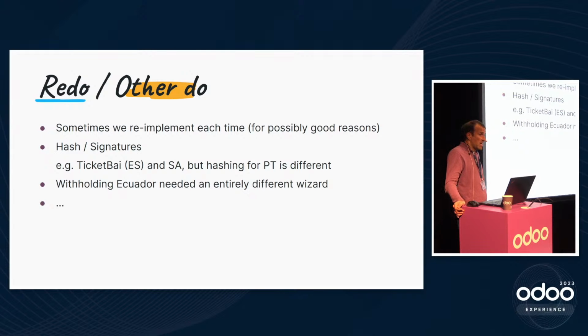We will also need hashing for Portugal, but I don't know what we are doing. We are thinking about using the hash functionality on the journal, and there we are thinking about reusing it. So we need to see how that will turn out.